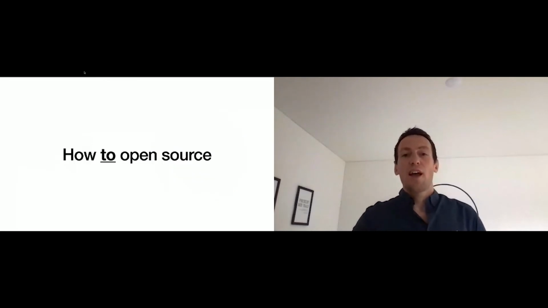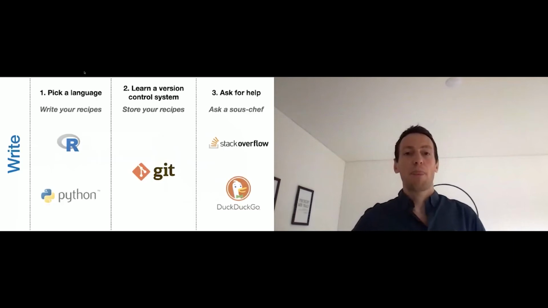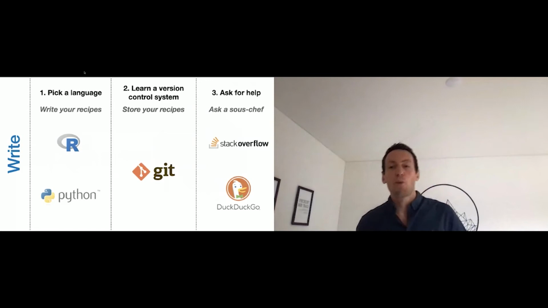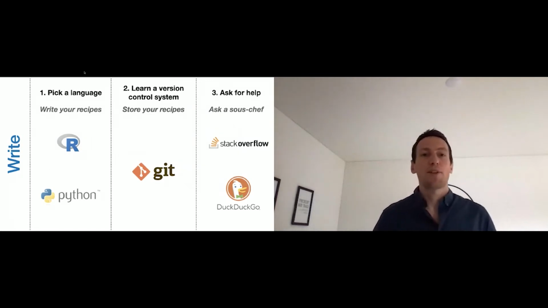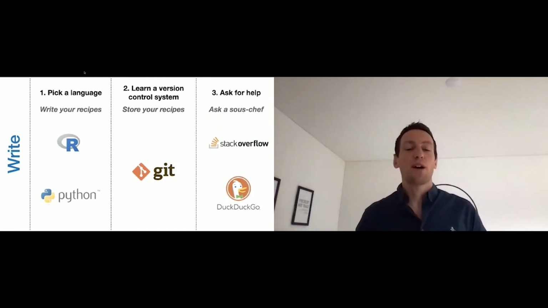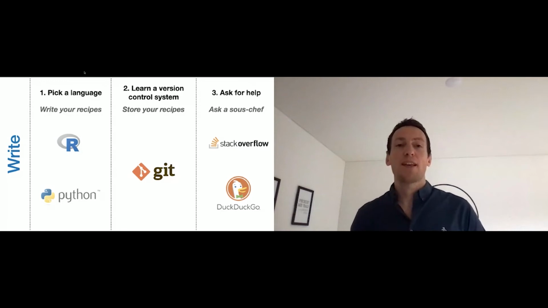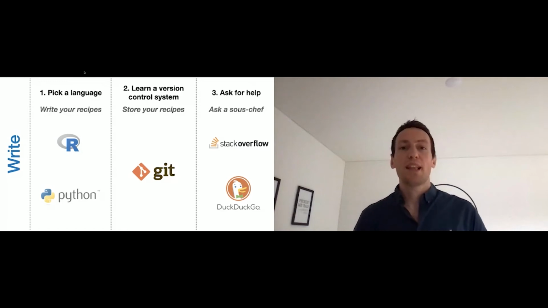So, if you want to do open source, how might you go about that? Well, from the writing aspect, there's kind of 3 steps I see. And going back to our metaphor of baking bread, you need to pick a language, which is like writing a recipe, as your first step.